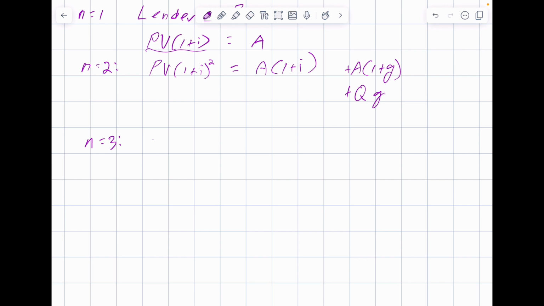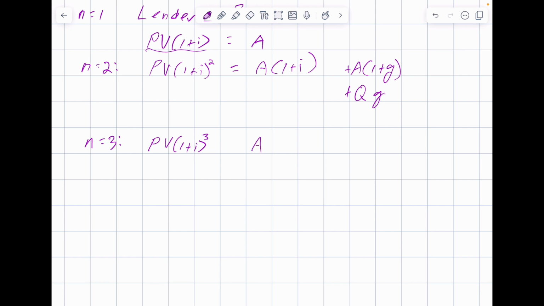The first column is the lender, and at the end of the third term, he'll have PV times 1 plus I to the third. Then we'll do the borrower. Now for the third term, we'll multiply each term of the first two payments by 1 plus I, since they will be in the bank and earning interest.